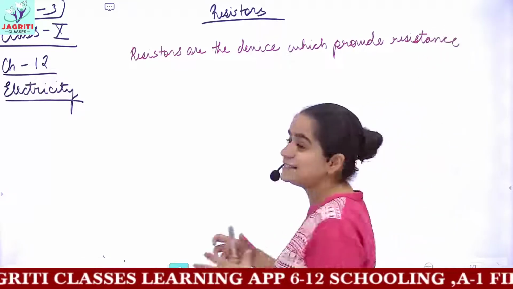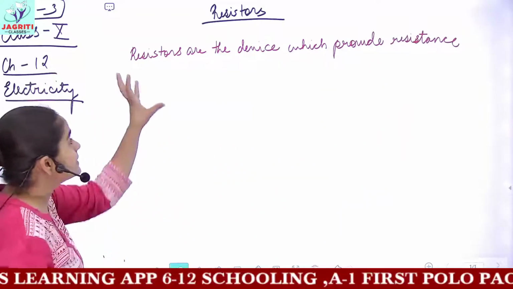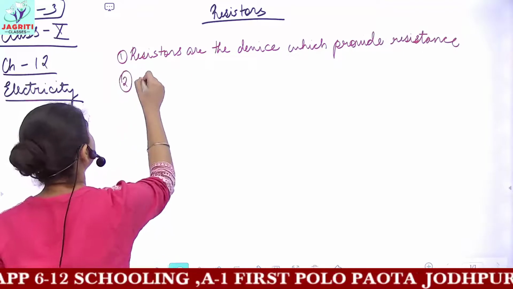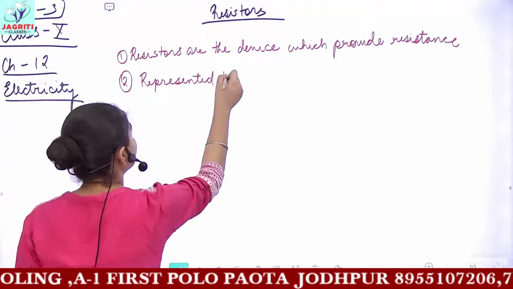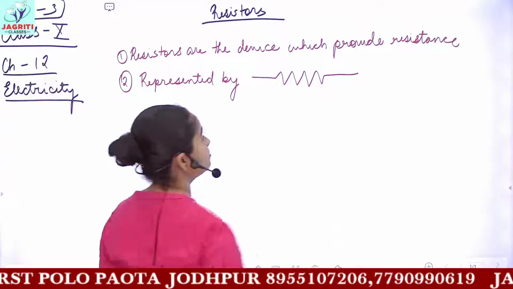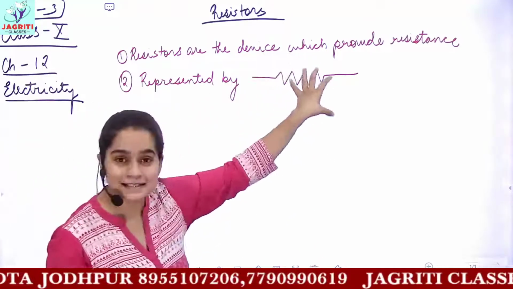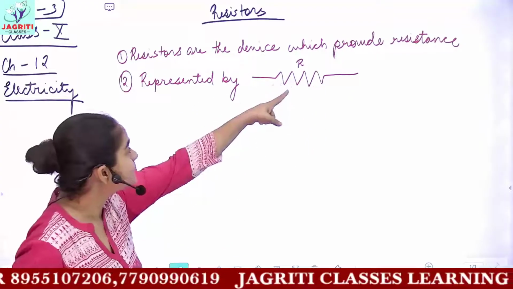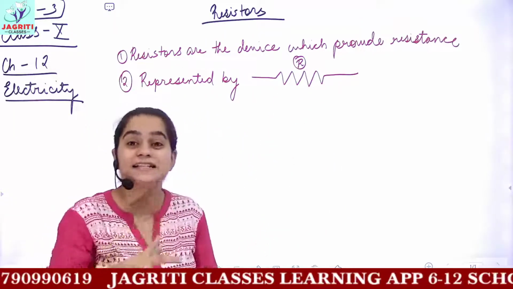So these devices which provide you resistance are known as resistors, and they are represented by this kind of zigzag symbol. So this gives you a resistor. It is a resistor which has a resistance value equal to R.